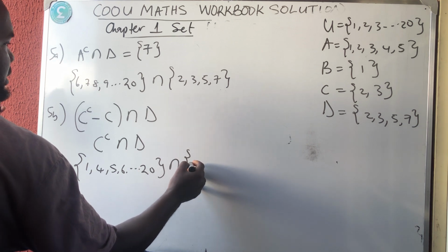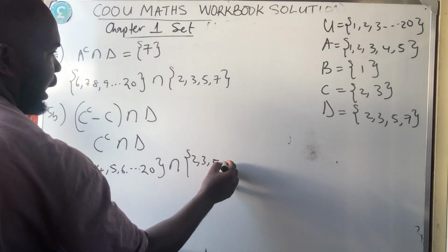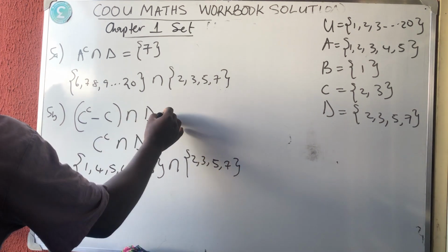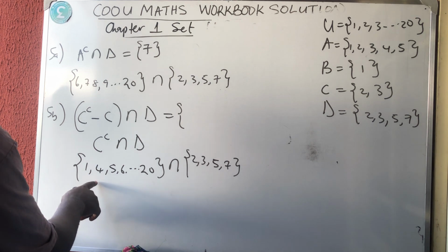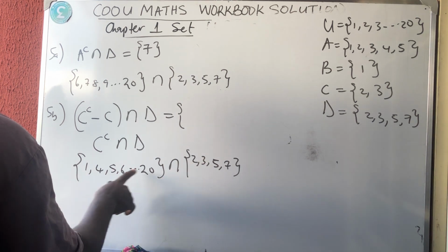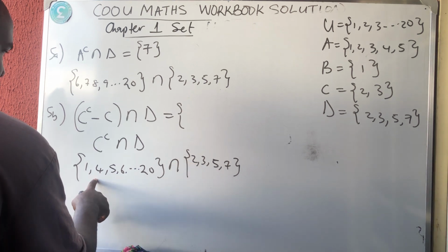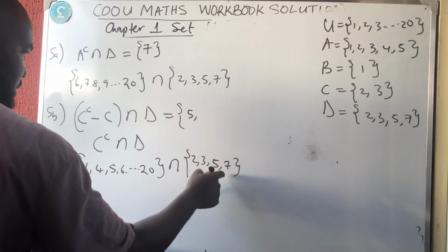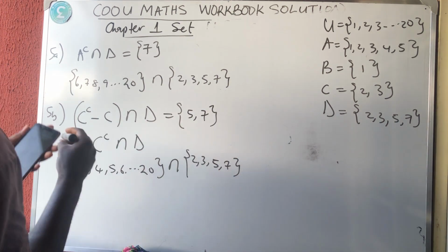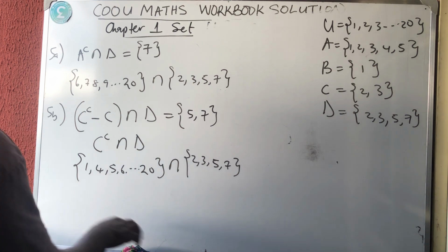Intersection, my D is 2, 3, 5, and 7. So what do they have in common? 1 is not here, 4 is not here, 2 is not here, 3 is not here, 5 is here, 6 is not here, 7 is here. So the only thing they have in common is 5 and 7. So permit me to clean here.